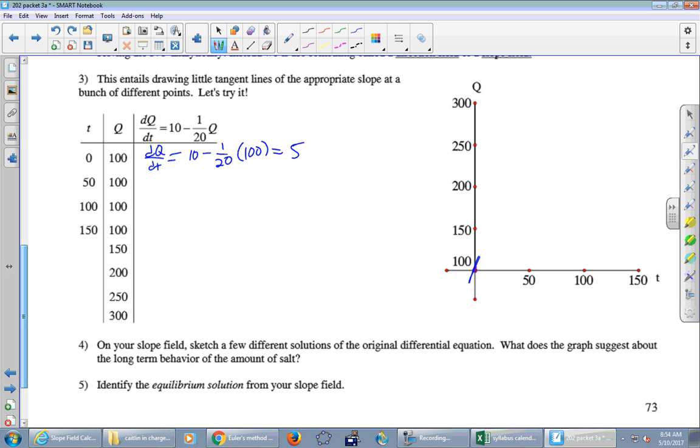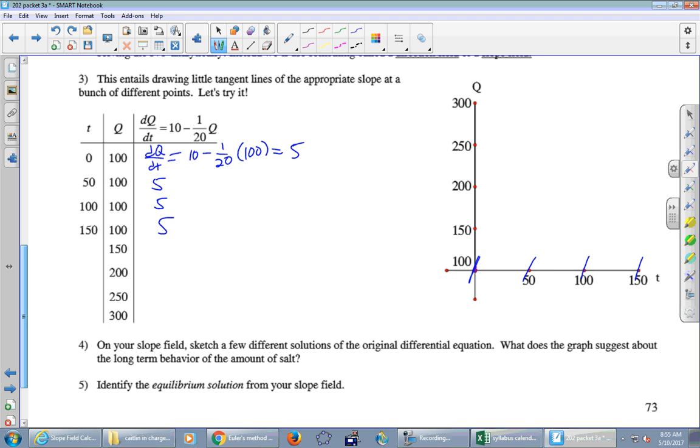Don't we get 5 again? Because there's no t's on the right-hand side, so it's still the same 100 for q. So this is a 5, and this is a 5, and this is a 5. So let's go to those 3 brand new points, 50, 100, and draw a tangent line, a little line whose slope is 5. So just draw it parallel to that one over there. Okay, so pretty much any place where the q is 100, we've got the slope of 5.